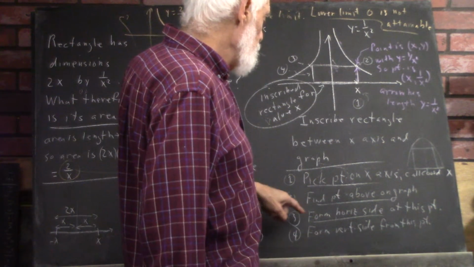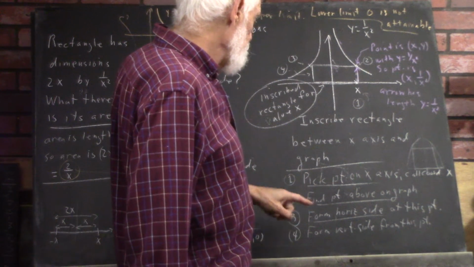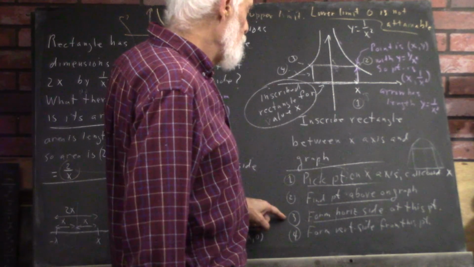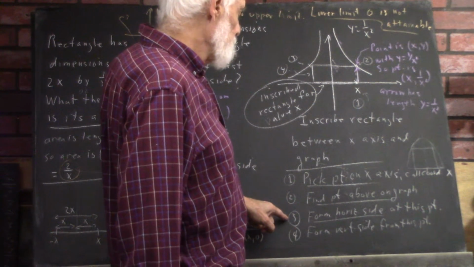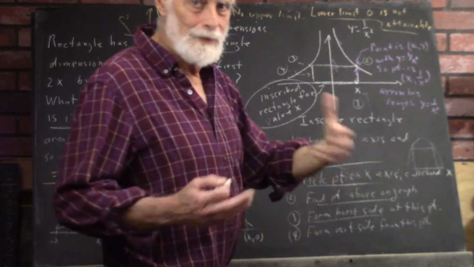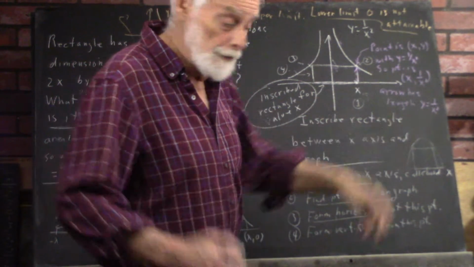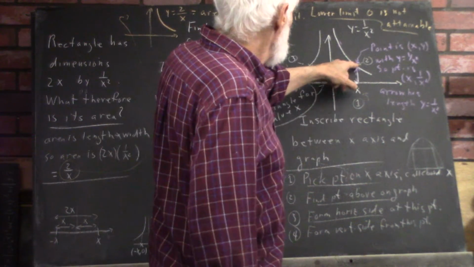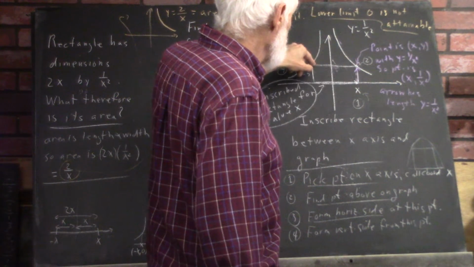Then we form the horizontal side at this point. What does that mean? Horizontal is this way, and implicitly it is a side of our rectangle. So here it is, a horizontal side of the rectangle.